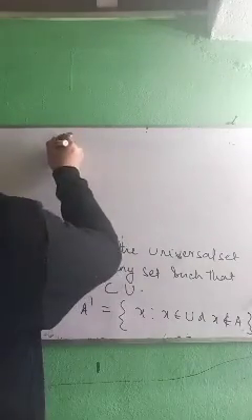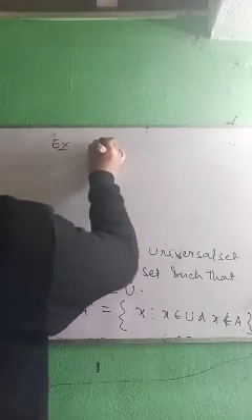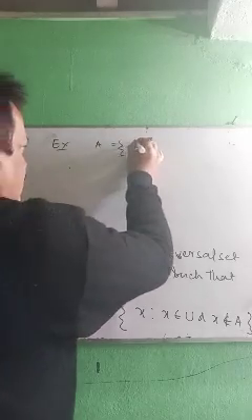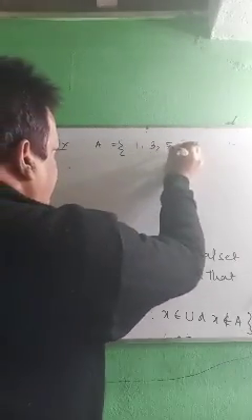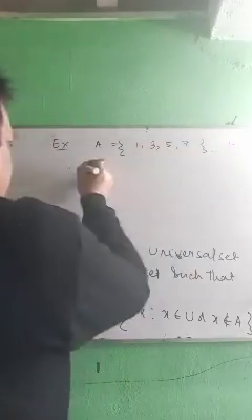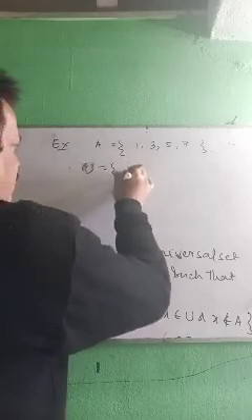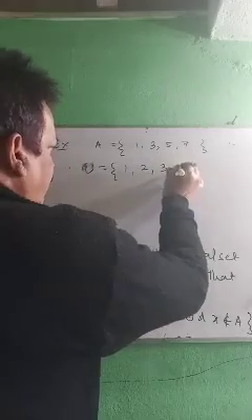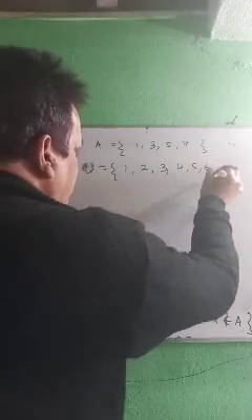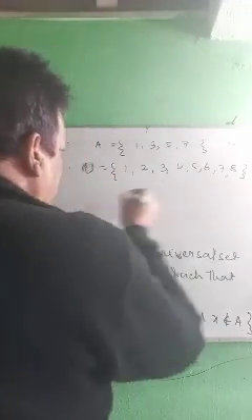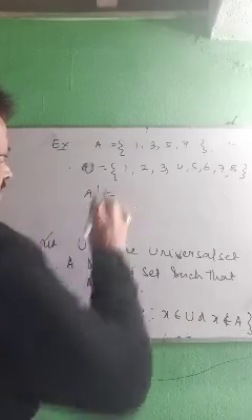Look at this. Suppose A is the set 1, 3, 5, 7. U is the set 1, 2, 3, 4, 5, 6, 7, 8. Now what is A complement?